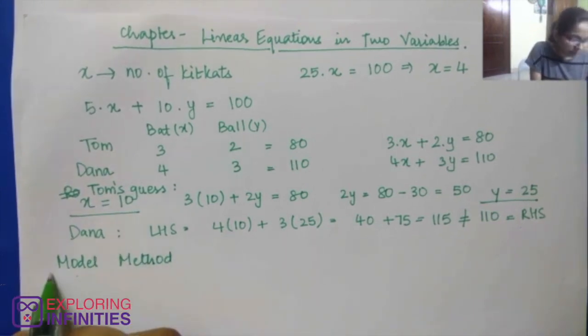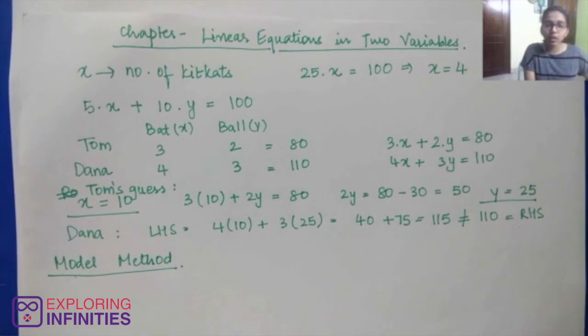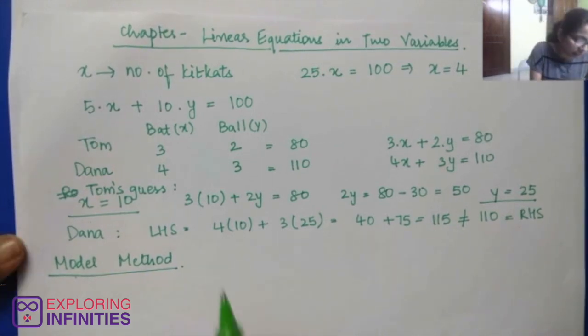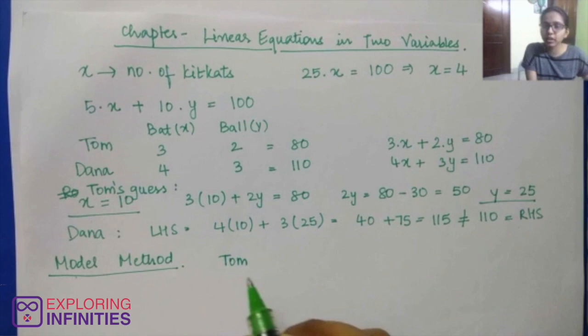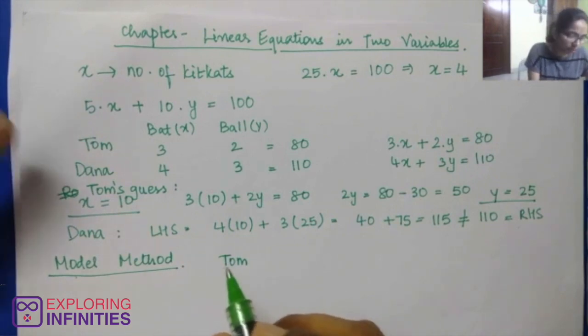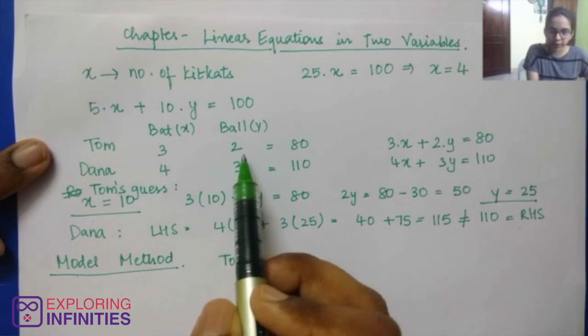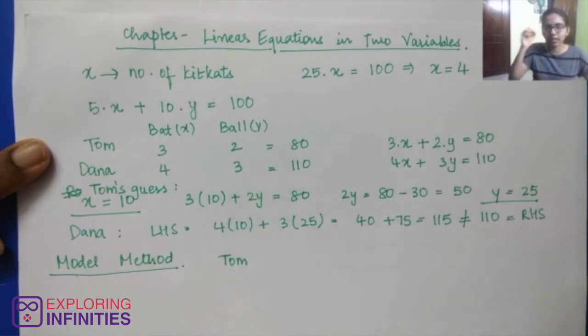what exactly we do is we represent our equation in the form of shapes, any random shapes. So if I start representing Tom's equation in random shapes, I have 3 bats and 2 balls for him. So let my bat be squares and the balls be circles.